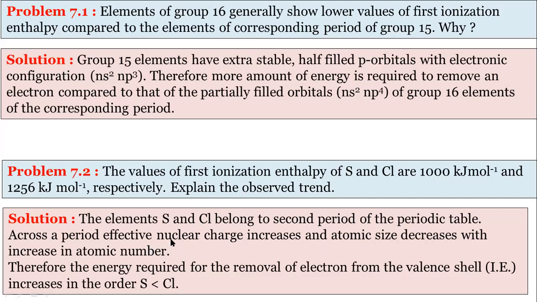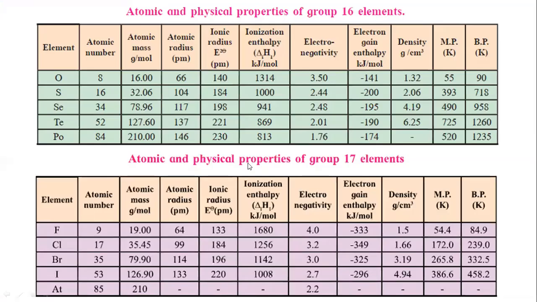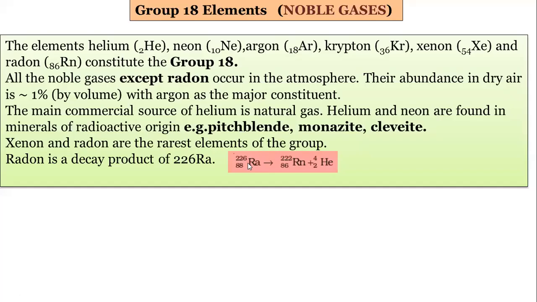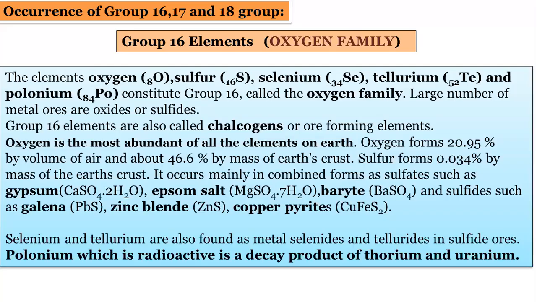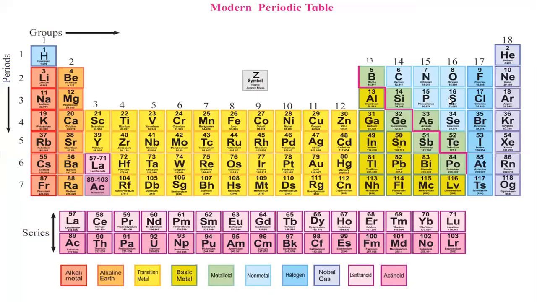The effective nuclear charge increases, so the atomic size decreases. So the amount of energy required to remove the electron from the valence shell for chlorine will be more than for sulfur. If we see the periodic table, again I will show the periodic table. Only 1 minute is remaining. See this chlorine and sulfur.